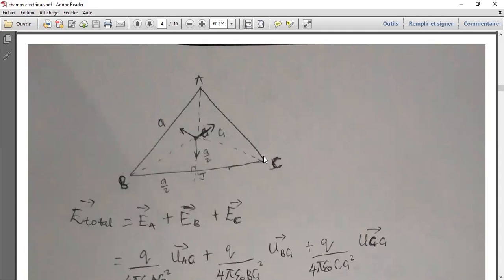AG is one of the things we are looking for. So instead of working it out, we know that AG will be half, which is A over 2. Would that work? I don't think it will work.